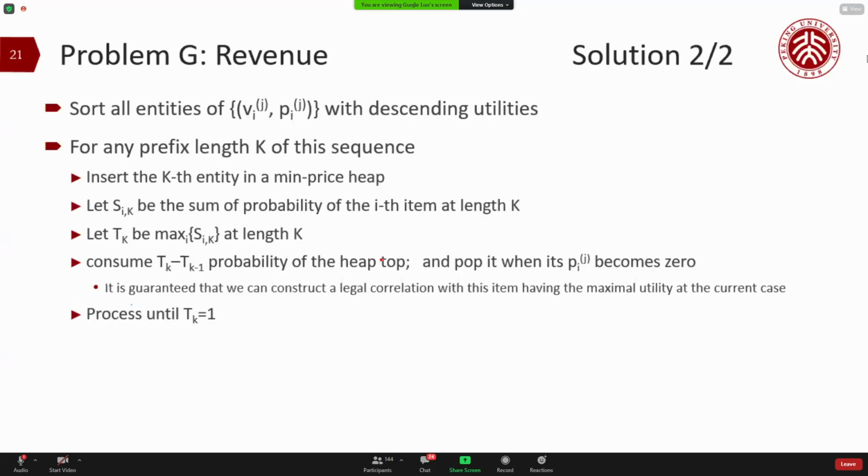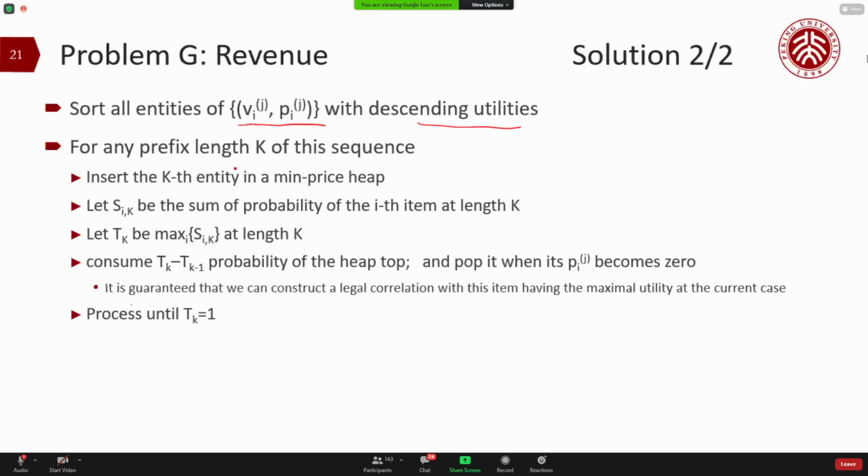So we sort all the entities, so we get many pairs of valuation and probability, so we can expand for each item and each case. We get all these pairs, and we sort them by descending utility, so it forms a sequence.